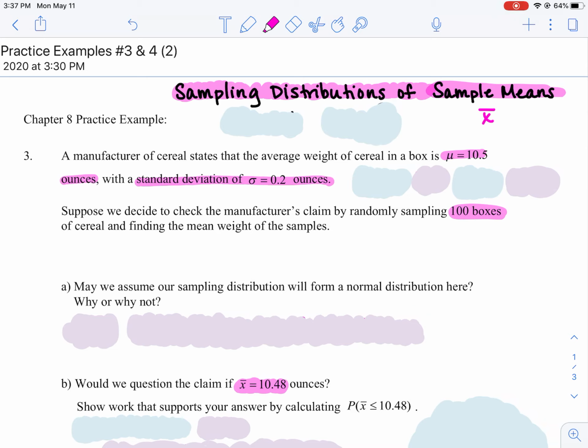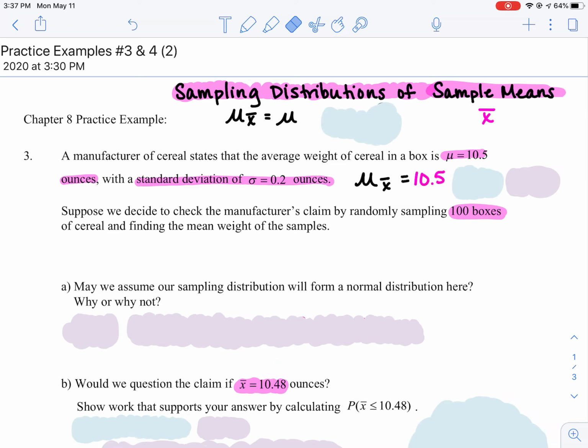What would the standard deviation look like? And for sample means, our formula is the mean of this distribution of sample means is equal to the population mean. So in this case, the mean of our sample means is equal to 10.5 ounces.